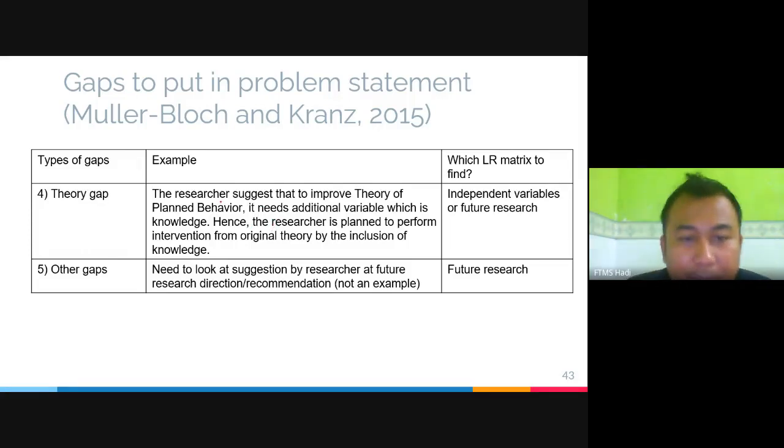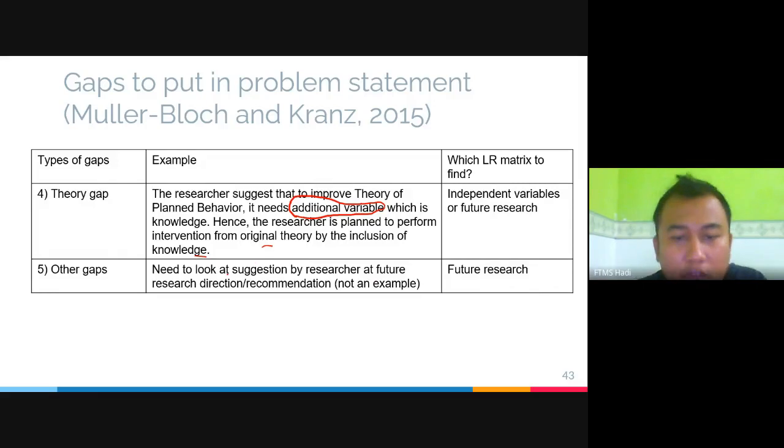For example, the researcher suggests that to improve the theory of planned behavior, it needs an additional variable. They suggest you add more IVs, which is knowledge. Hence, the researcher plans to perform an intervention on the original theory by the inclusion of knowledge.